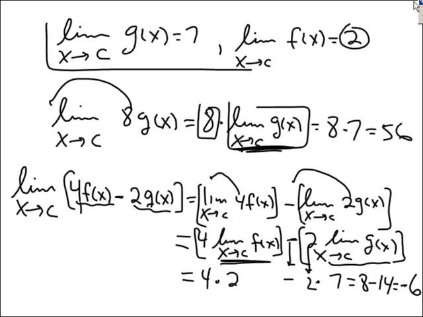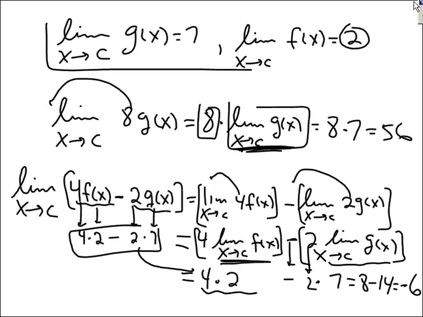Like I said, it's 4 times 2 minus 2 times 7. This is exactly what I have there. It's exactly this. And I did a lot more work. But just in case your instructor wants you to show all your work, I did. But hopefully we know from the beginning, the answer is 8 minus 14.